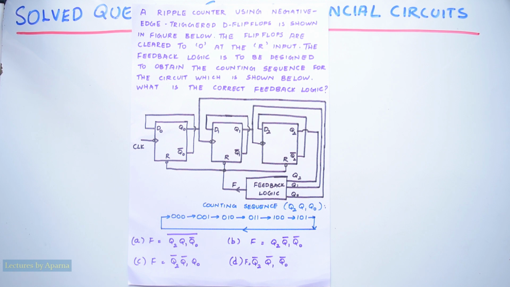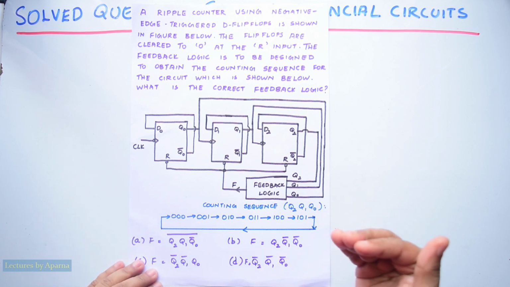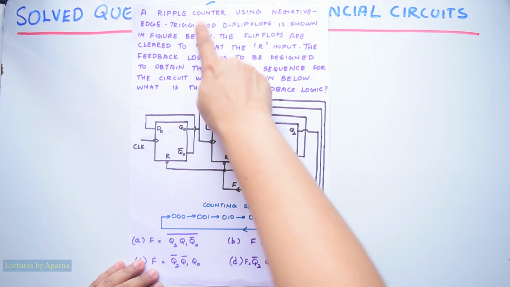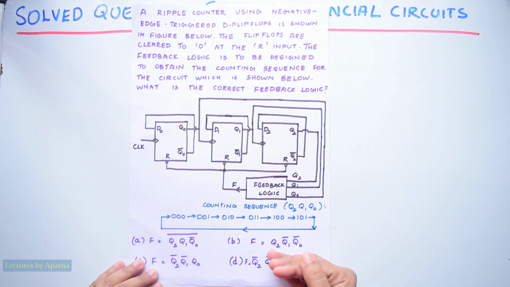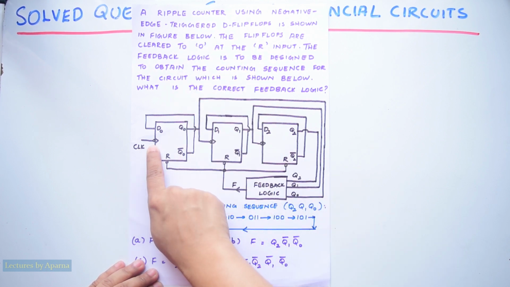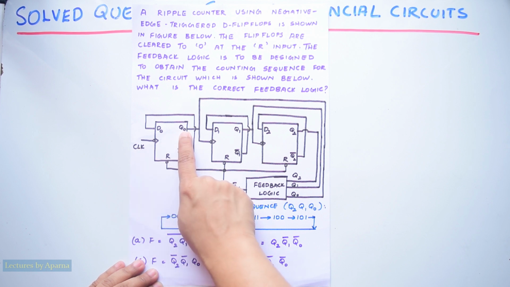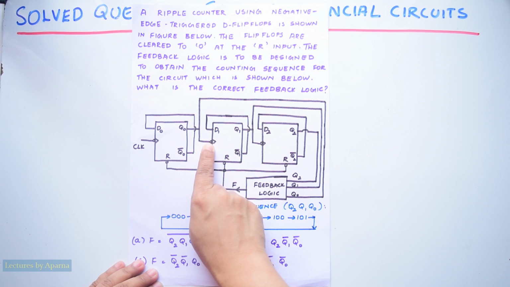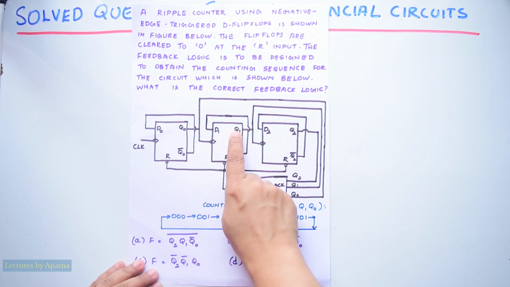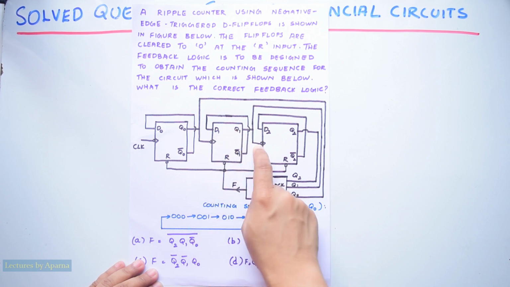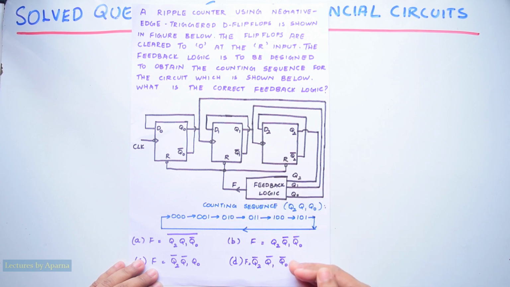So we can see that this circuit is an asynchronous counter. Another name for ripple counter is asynchronous counter. Clock signal is given only at the first flip-flop. The output of the first flip-flop will act as clock signal for the next flip-flop, and the output from the second flip-flop will act as the clock signal for the third flip-flop.